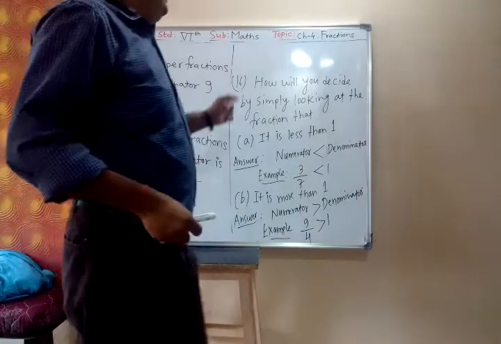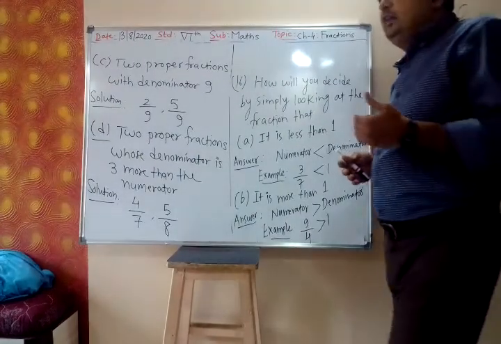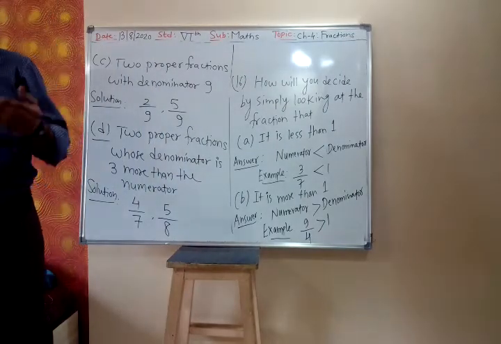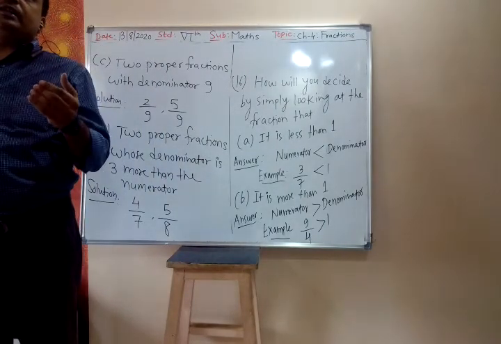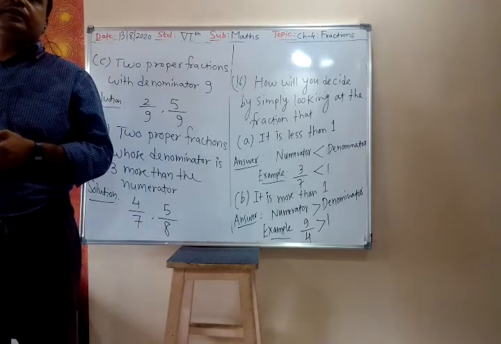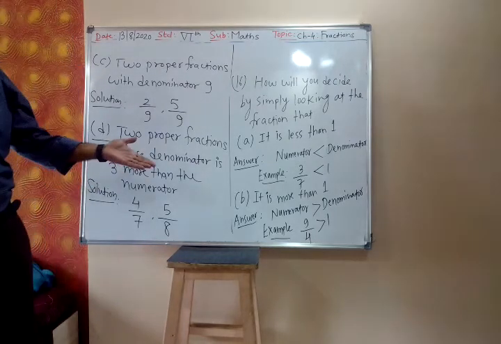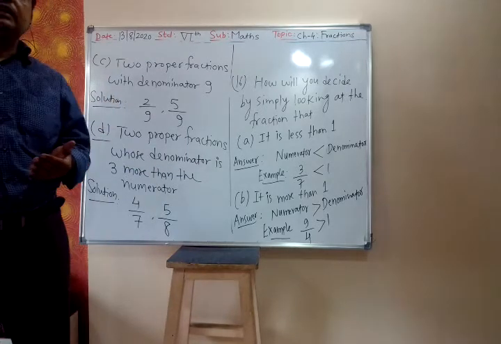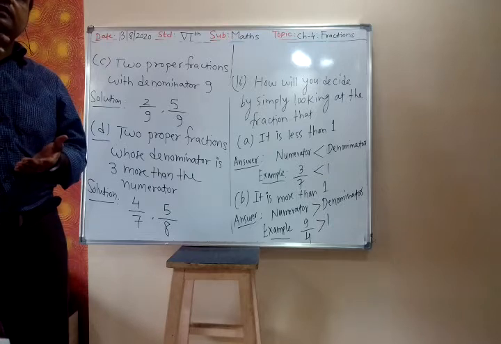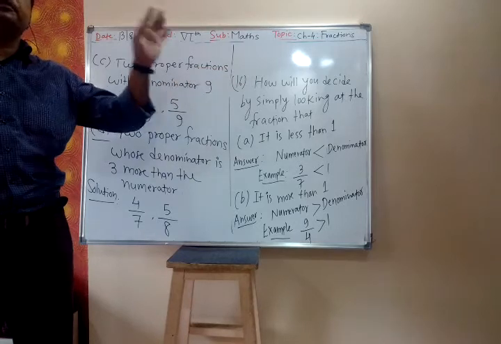By looking at any fraction, you see two things: one is numerator, other is denominator. By looking at them, we get various types of fractions. The fraction is more than 1 means it is an improper fraction. The fraction is less than 1 means it is a proper fraction.